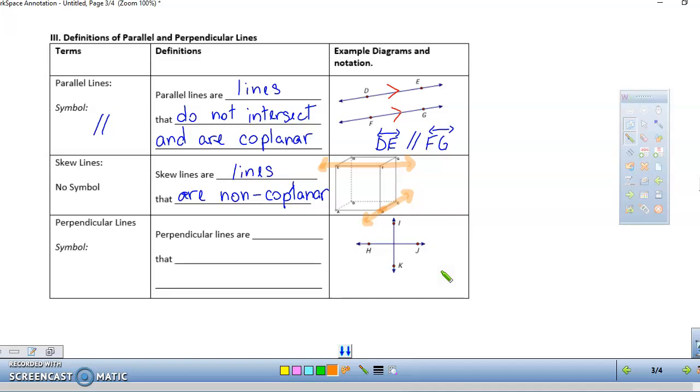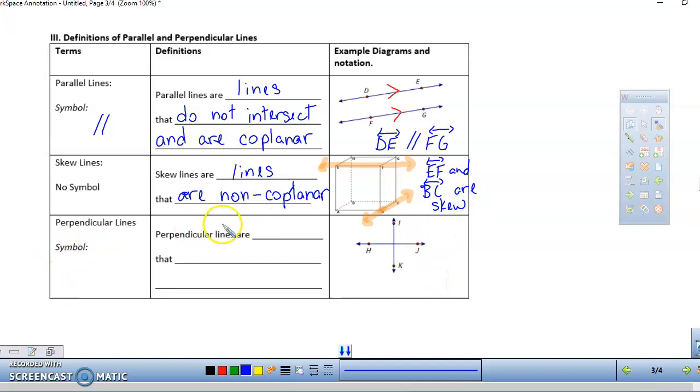Okay, so those are skew lines. There is no symbol for skew lines, so you would just have some sort of statement that would say, like, EF and BC are skew.